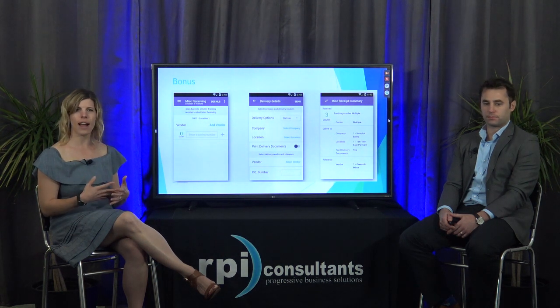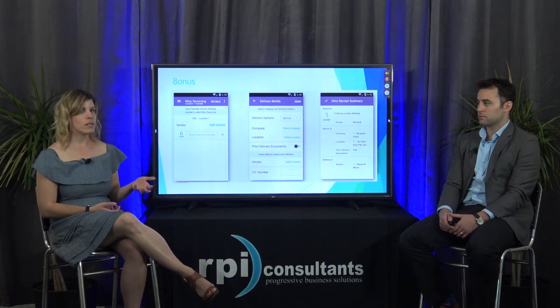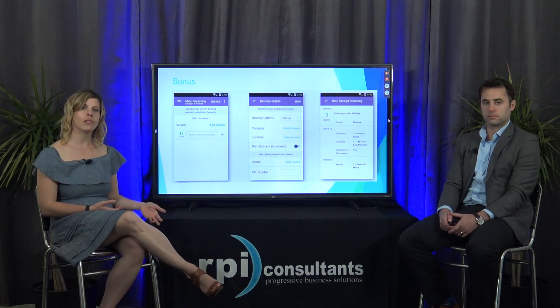And like I was saying earlier, tracking the productivity of your staff and how much work they're actually doing. All of this information is being stored in the MSCM tables as well. And although you can capture the PO receipt detail through PO30, you're not capturing those miscellaneous receipts.